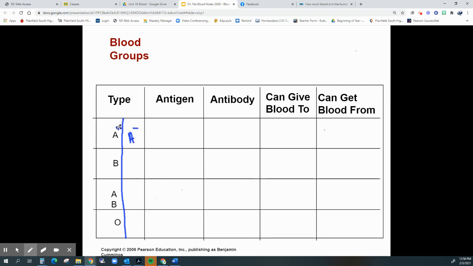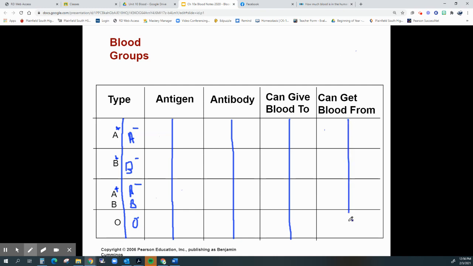We'll make this side positive, positive, B negative. We'll make that positive. And then this would be AB negative. And then this would be O negative. Then we can split these, split those, split this one, and then split this one.